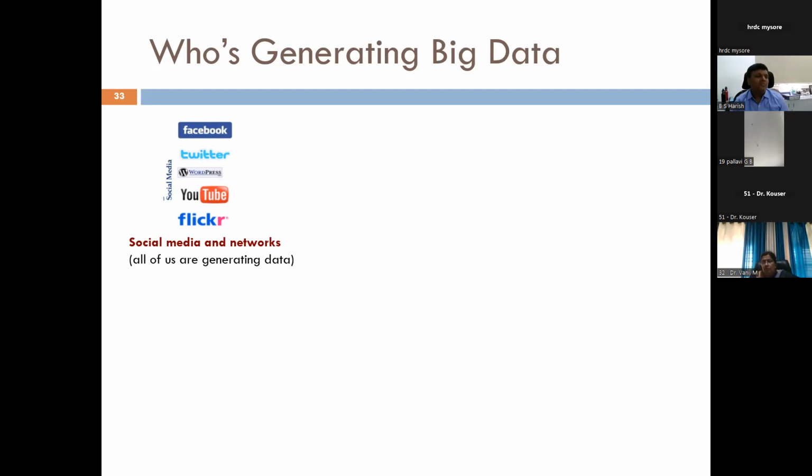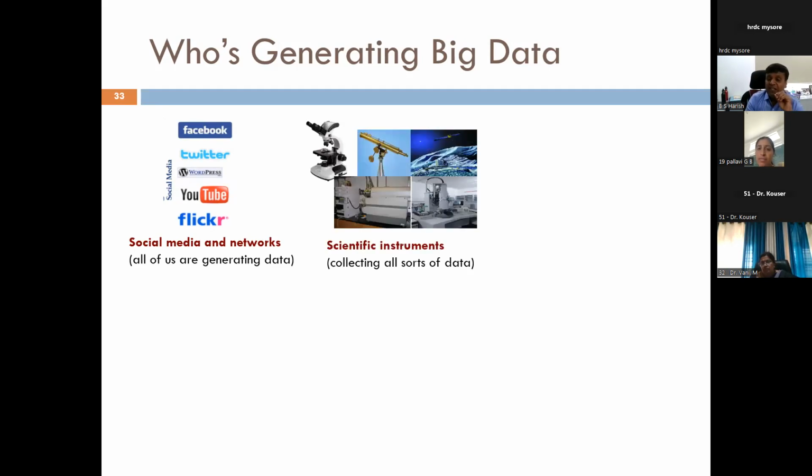So you'll prepare so many Reels and keep pushing the data over YouTube, whether you like it or not, and that data will be available. Then similarly we have Flickr. In all, we call it social media and social networks, which are responsible for generating huge data.